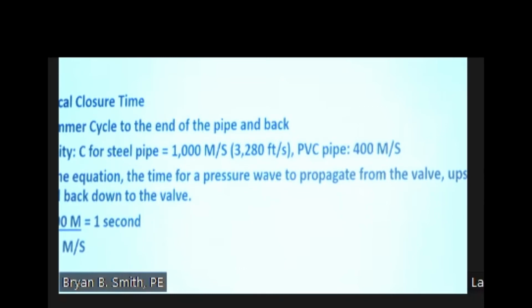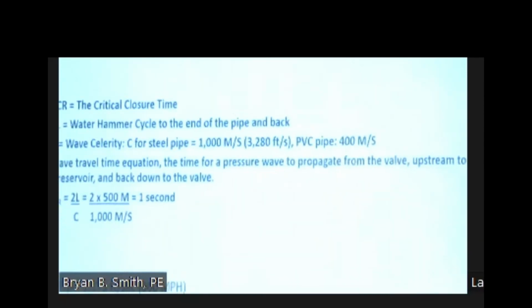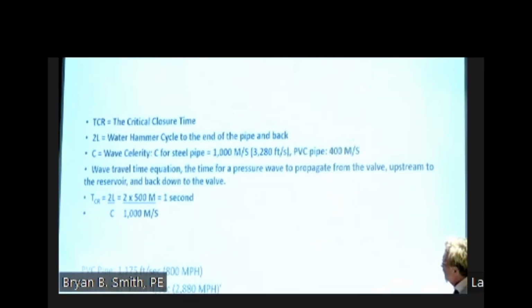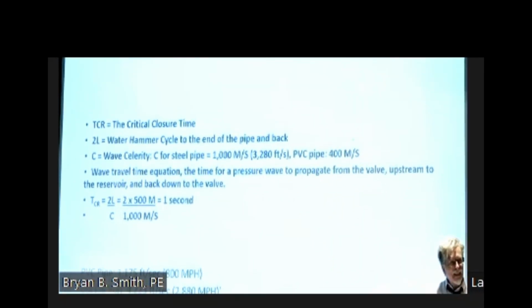That wave's going to go out, and then it's going to come back. So 2 times the length of the pipe divided by the celerity of the wave. The celerity of the wave is the velocity of the wave traveling through your piping system. Again, piping diameter, wall thickness, piping material. We can calculate the wave speed within our system. So in my piping system that's 1,640 feet long, that wave's going to go out and come back in 1 second.